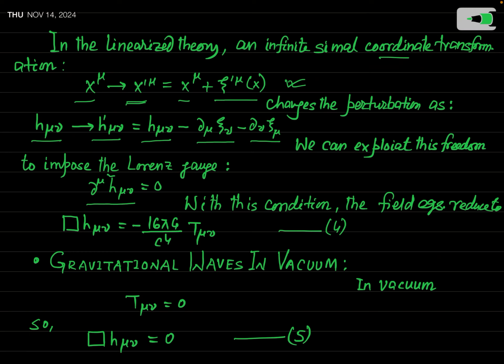Now, you can write the Einstein field equation in a region where there is no matter. That is, if you are talking about vacuum or free space, then what will be Einstein's field equation? This T_μν, which is actually the energy momentum tensor, vanishes in the absence of any matter. This is 0.